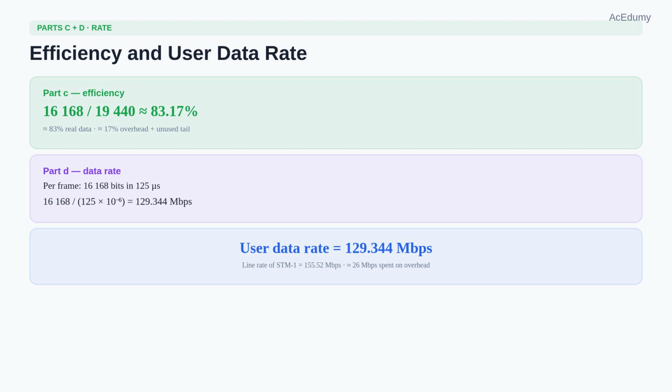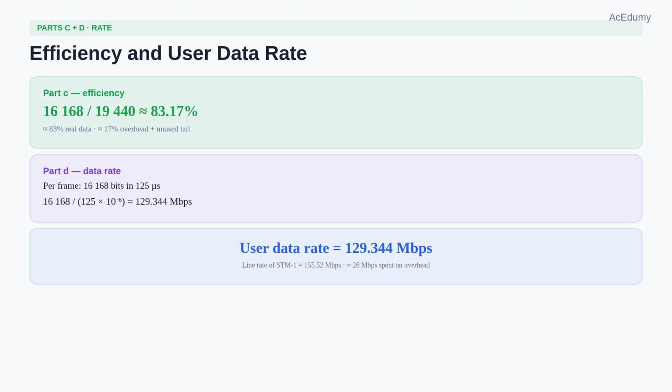Part D. Data rate. Each frame is transmitted in 125 microseconds. User data per frame is 16,168 bits. Data rate equals 16,168 bits divided by 125 microseconds, which is 129.344 megabits per second.